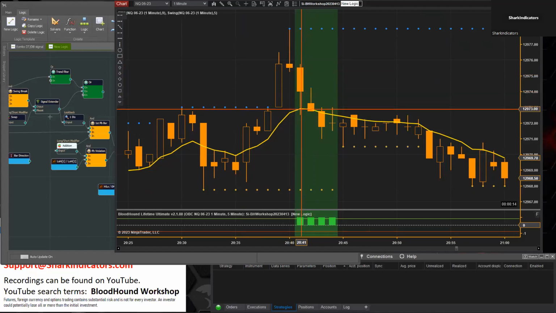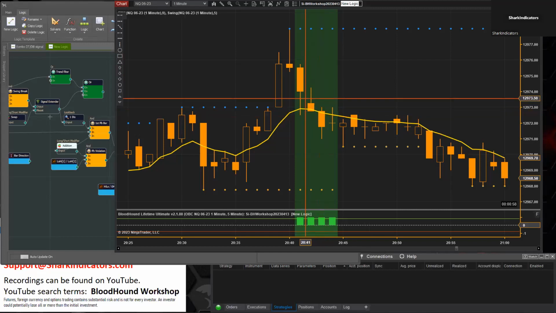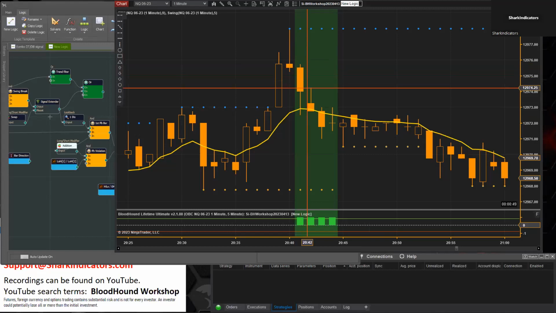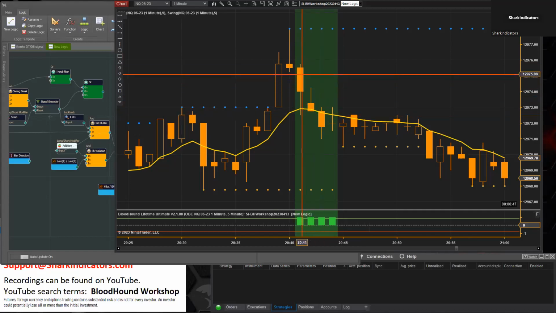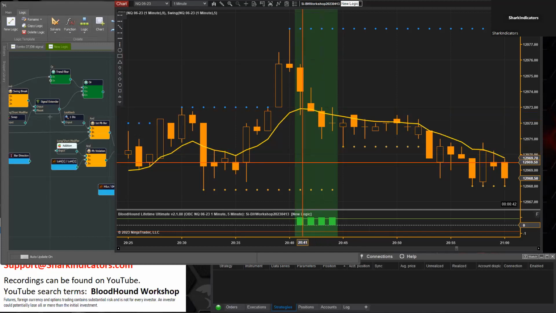There's the bar touching the EMA9, and that initiates placing the stop entry order. At that point, Blackbird will take over and start trailing the stop order down as price moves down.